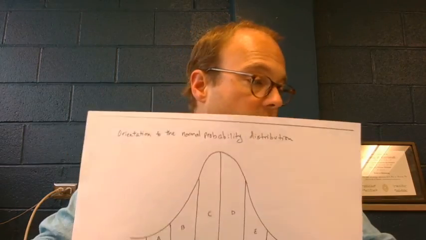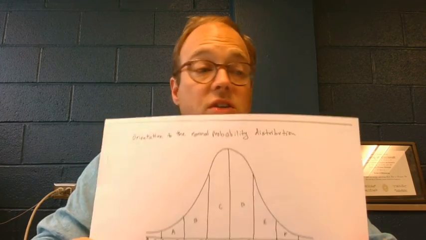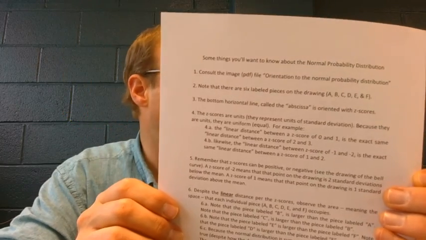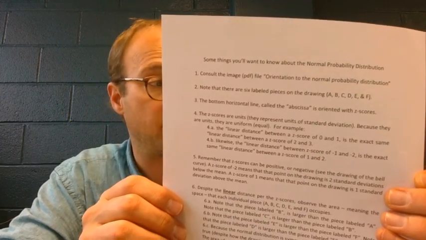Now, there's a couple of documents that you might want to access, so if you don't have them already, you can pause this video and obtain those. The two documents I'm going to reference are one called Orientation to the Normal Probability Distribution, and the other one, which looks like this, although I know that's kind of nondescript, it's just like typing, is called Intro to the Normal Probability Distribution.